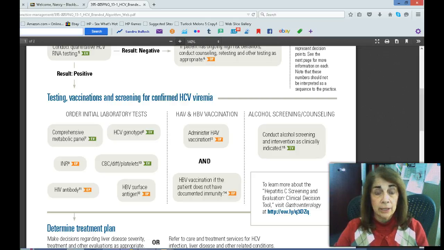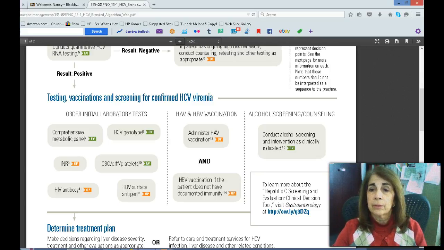You're checking the liver again, so you want to get liver enzymes and INR, antibodies, CBC and platelets. And if they haven't had hepatitis A and hepatitis B vaccination, then you administer them if there is no documented immunity. And immunity is documented through laboratory testing.